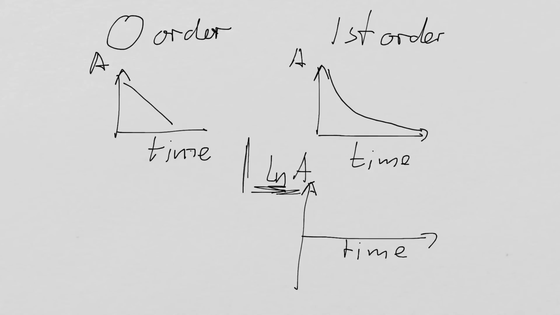Can this straight line actually go into the negative range? Can I do it like that? Yes?